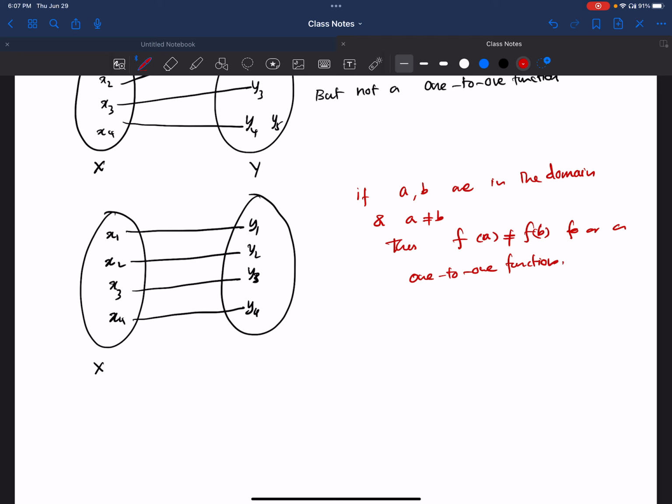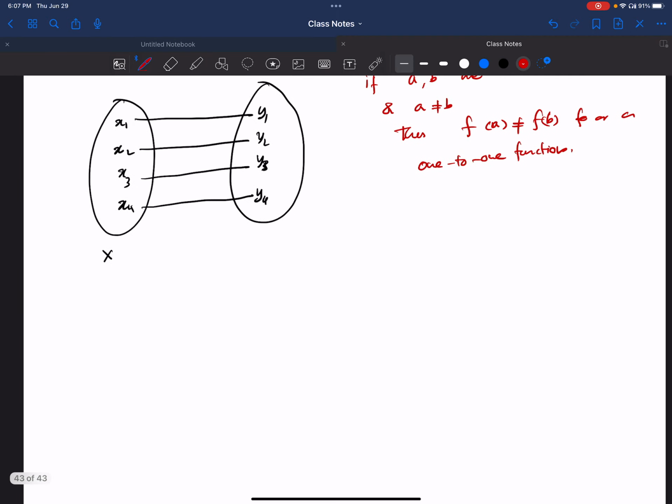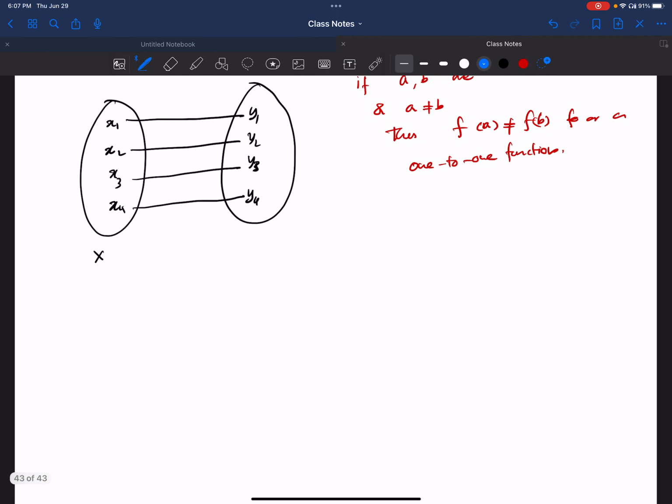Let's see an example. We have f of x equal to negative 4x plus 12. Let's take f(A) equals f(B). Now, if that is true, then its corollary is also true.